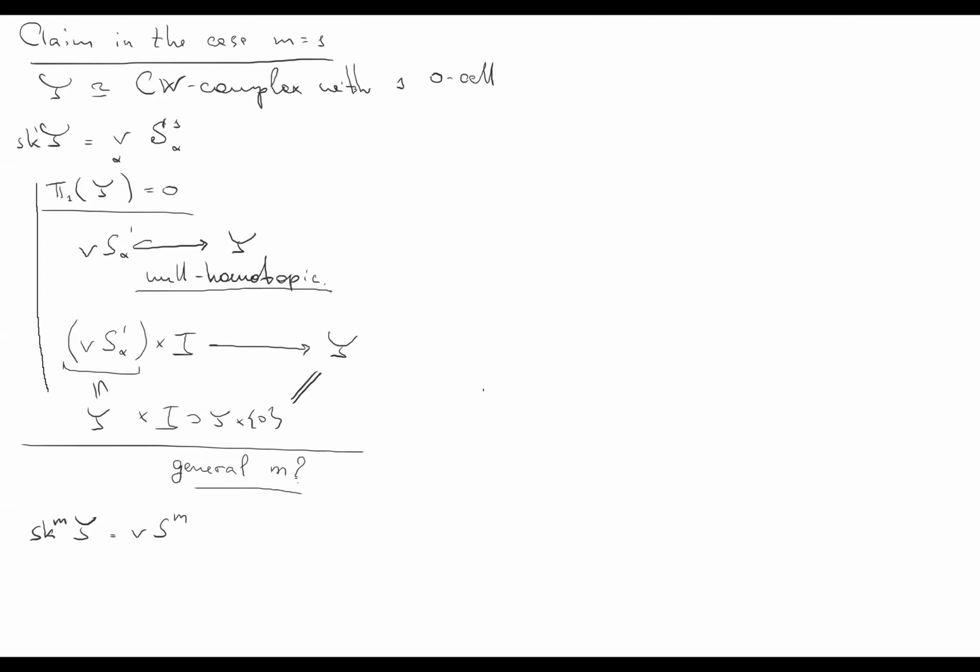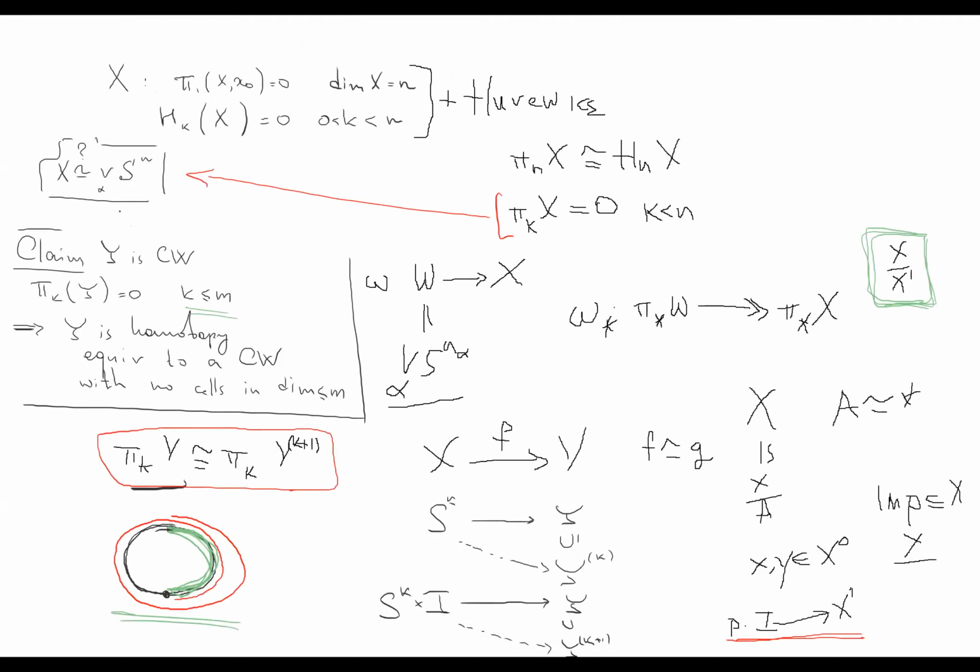Okay, so we have proved this claim: if the lower homotopy groups of Y are 0, then the corresponding skeleton is just a point.